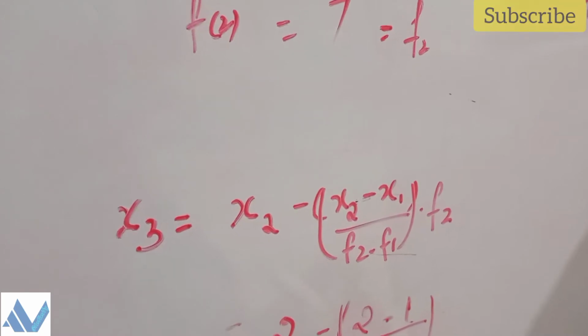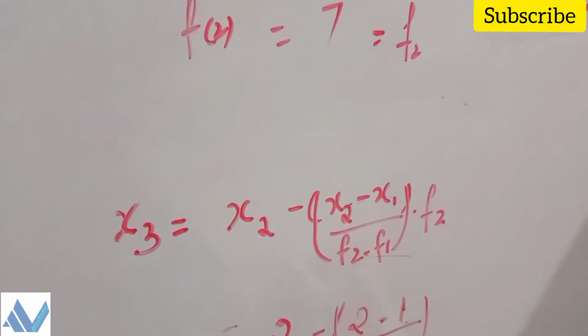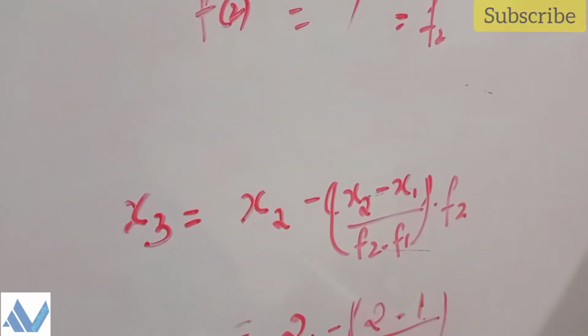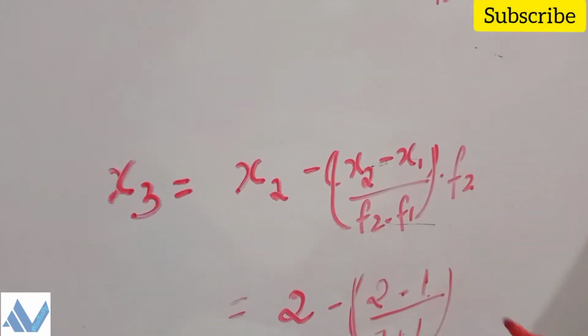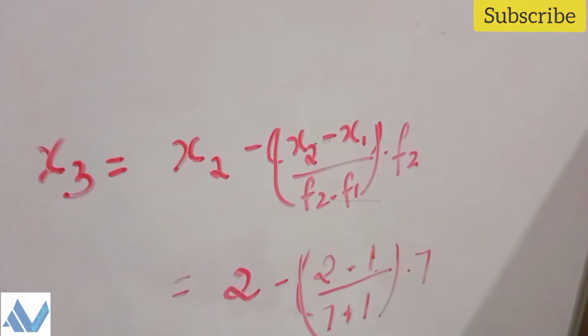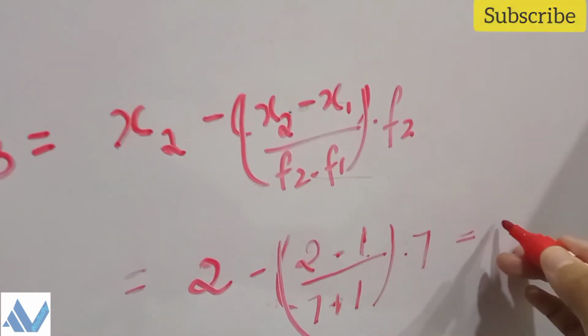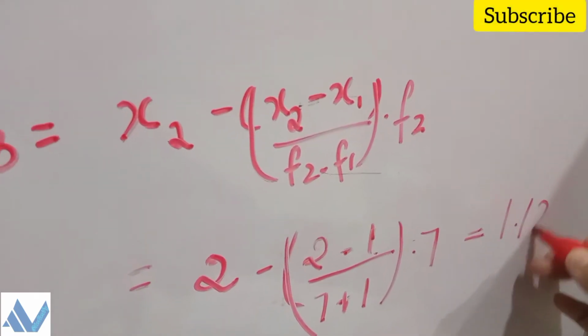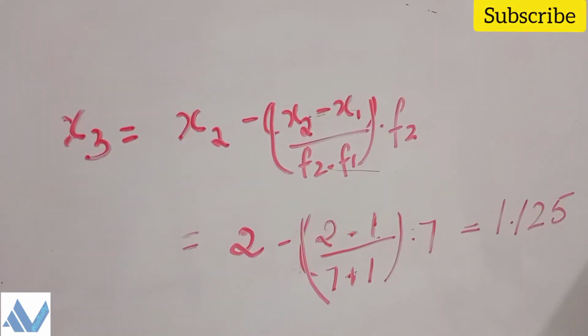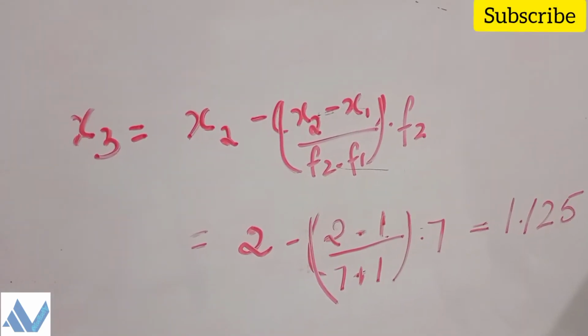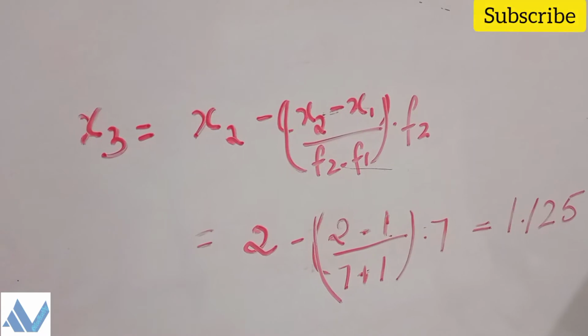So f2 is 7 minus f1 is minus 1, that is plus 1, into 7. So calculating this on the calculator, you get the value as 1.125.